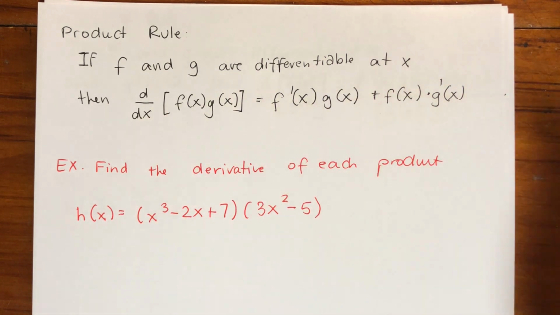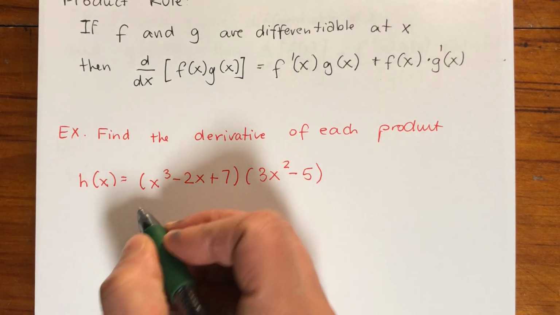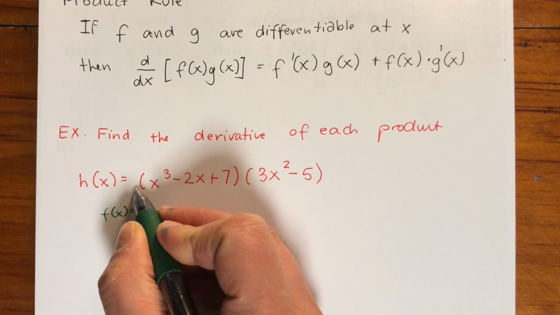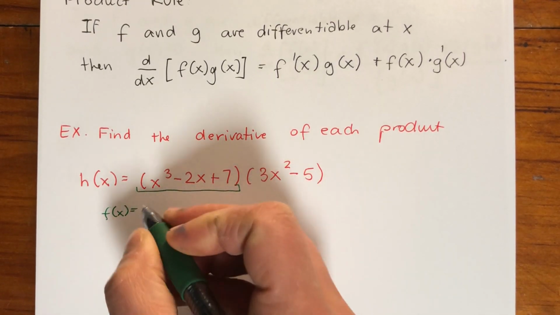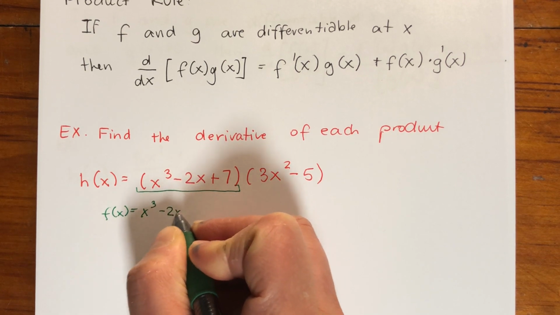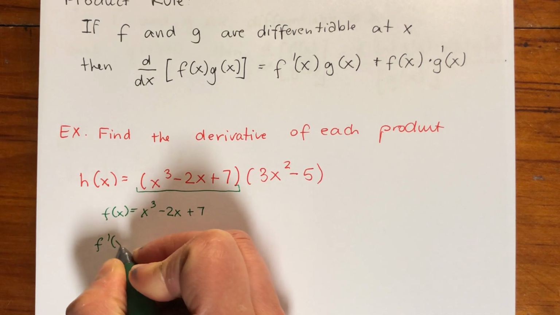All right, we will try to follow those steps, and sometimes it's easier to write it out. So, for example, if I wanted to write it out, and some of you may use it, some of you may not, then for me, my f of x function would be the first function. So this is just a function. I am just writing down this as a function. And then the second thing, I am going to write the derivative of this.